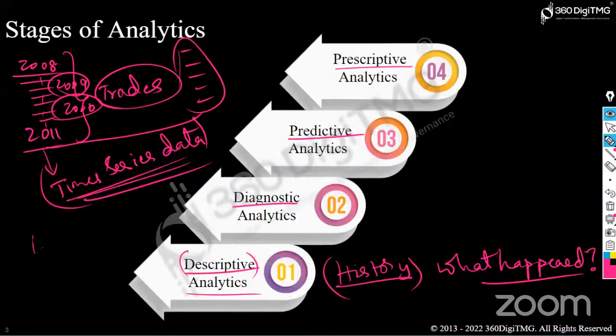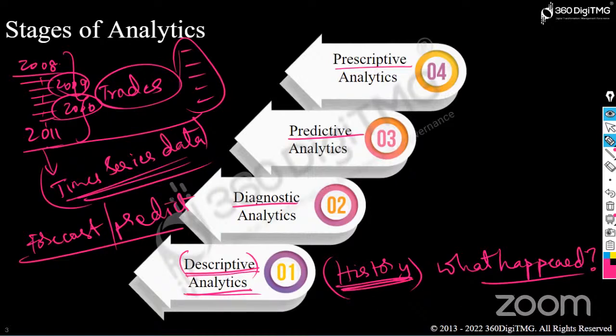So for any time series data, we forecast or predict the future. So when I'm predicting or forecasting the future, I just need this step, the history, the past, what happened in the past. So the data gives me a clear picture of what has happened in the past. Now after that, we need to diagnose in our analytics. So why are we doing it? For forecasting and prediction. Forecasting is also a future prediction. And why are we doing all this?